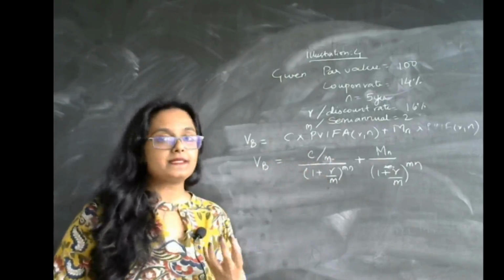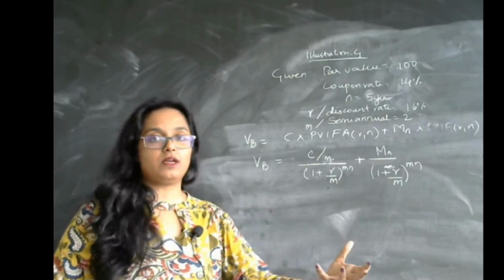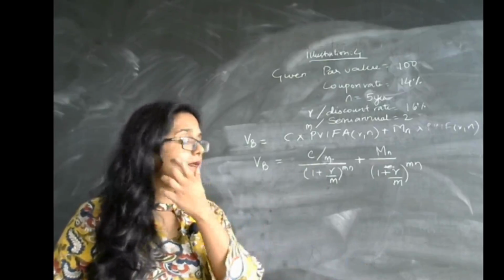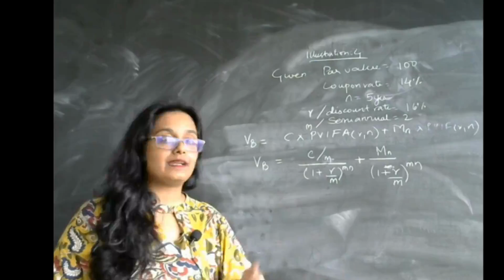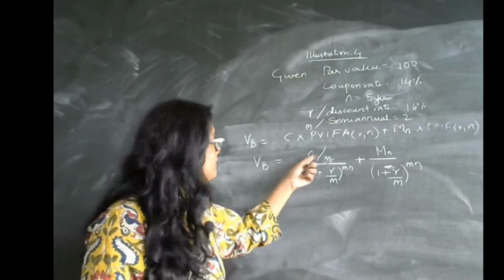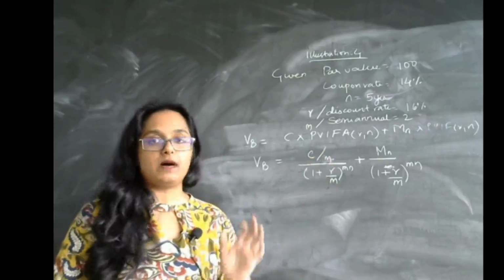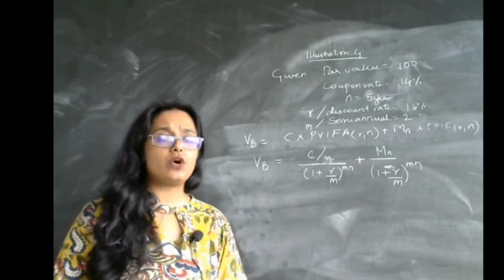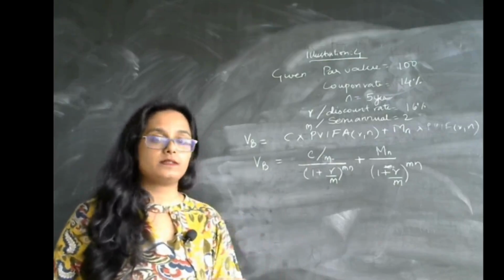M is nothing but it changes depending upon what compounding is done. For example, if it is daily, then it is 365 because there are 365 days. If it is monthly, then it is 12, then C will have to be divided by 12 because there are 12 months. If it is quarterly, then we'll have to divide it with 4 because there are 4 quarters.